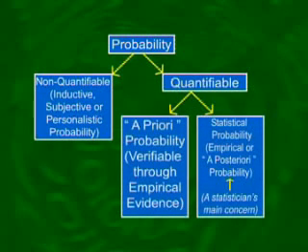The quantifiable probability can be divided into 2 categories. The classical definition of probability is valid in the situation where the various possible outcomes are equally likely, and the relative frequency definition applies in other situations where we cannot say that the various possible outcomes are equally likely.